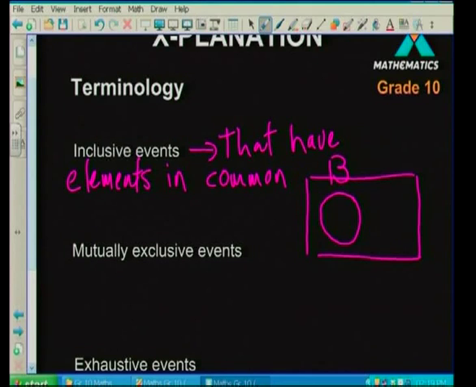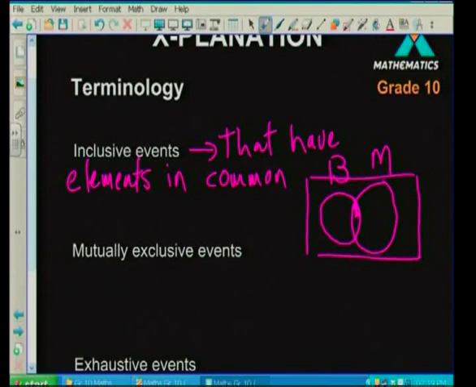Then at the same school, I find out how many people are doing maths. And if I find that there are some people in the school, which is highly likely, that do both biology and maths, they will be in the intersection space between the two, and then we will say that this is an inclusive event.